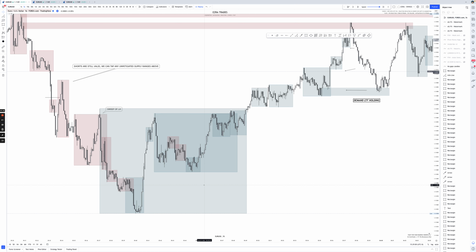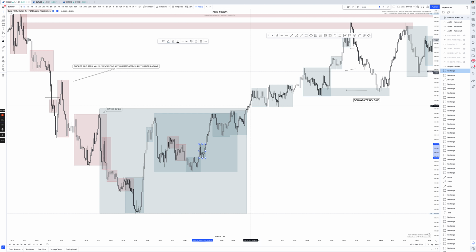But when substructure is creating ranges that are bullish, let's say like this, and we continue to make more, what we can expect is, if these demand ranges are holding, we're going to break out of the expectational order flow on the minor, we're going to have a break and we're going to now shift.